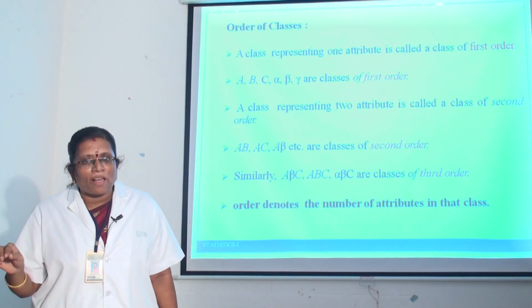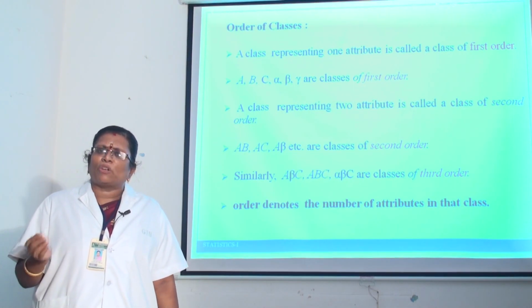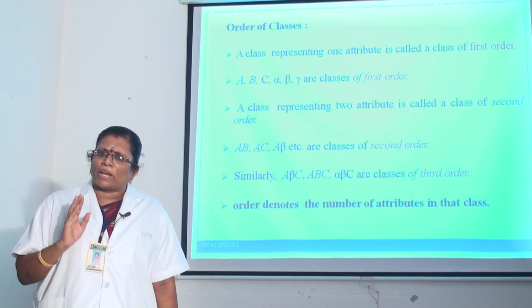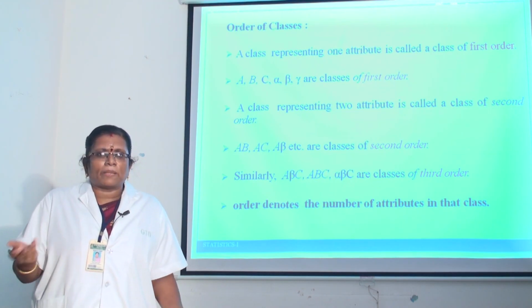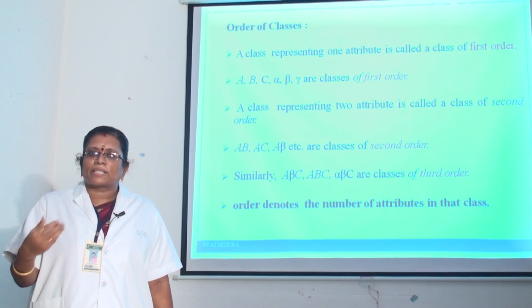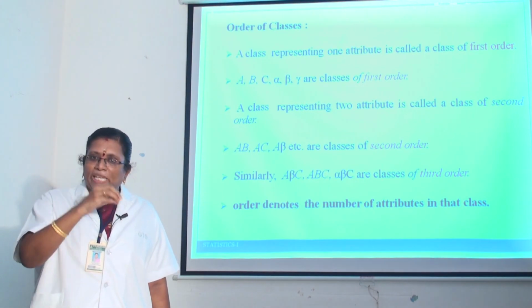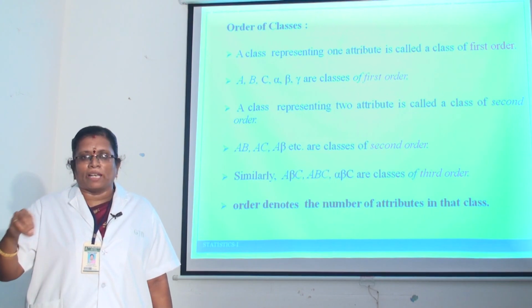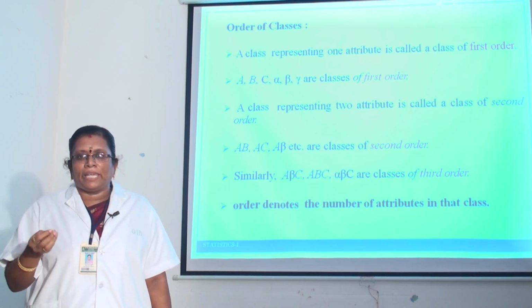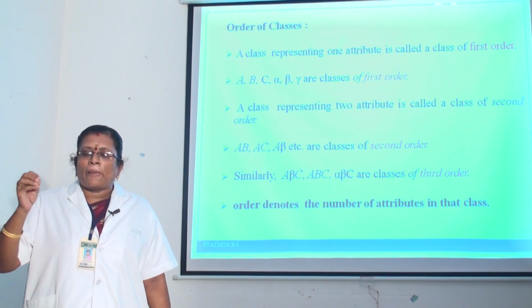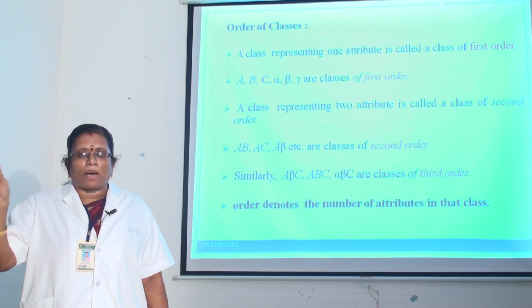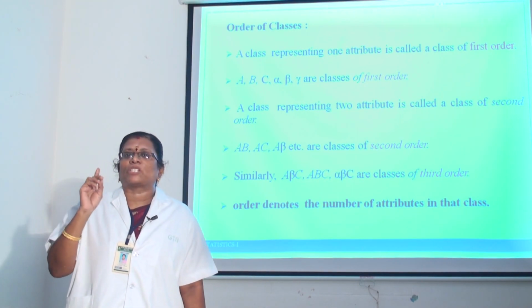If it is alpha, then it is also first order. You can ask whether it has to be only A. No, there is a possibility of having B or C. So first order is either A or B or C and so on: A, B, C, and negatives alpha, beta, gamma. These will be known as first order.